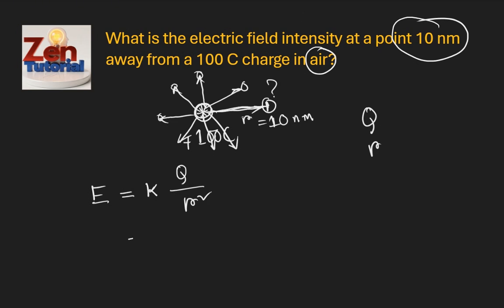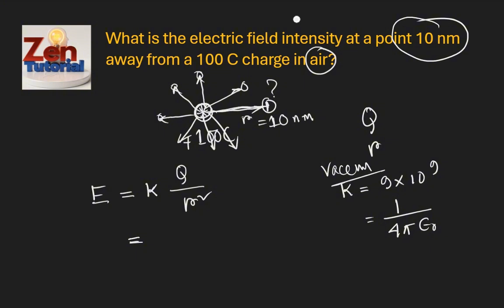As it is air, we know the value of K for vacuum is 9 into 10 to the power 9, or 1 by 4 pi epsilon naught, right? For vacuum, actually, vacuum medium, but it is air.